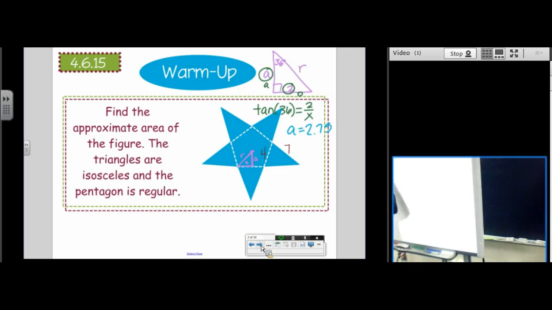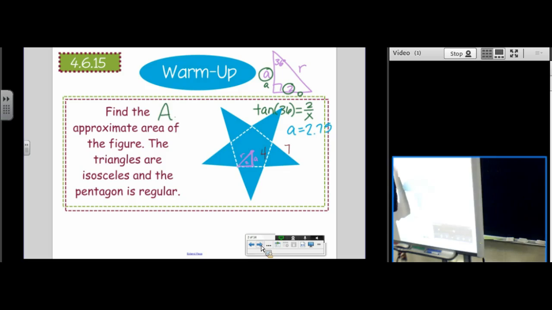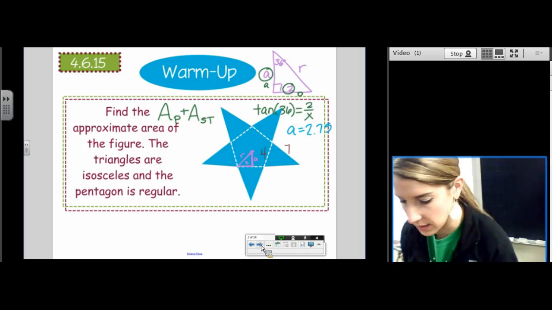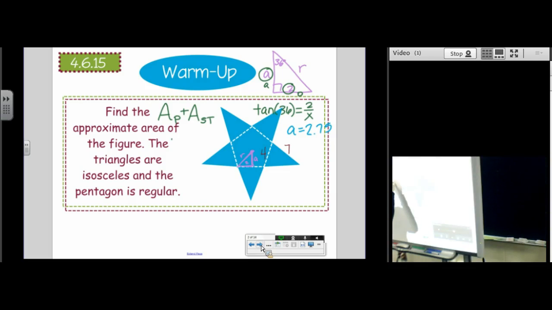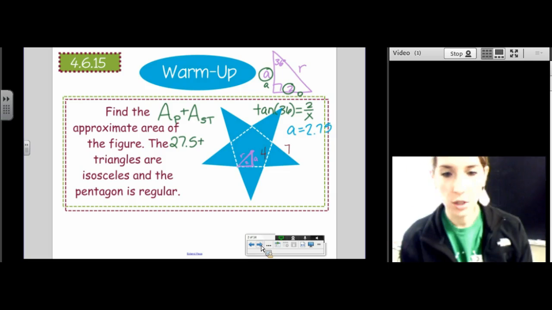So we're going to add the area of the pentagon plus the area of 5 triangles. 5t, I'll put 5t. So we already found the area of the pentagon. It's 27.527. We'll just do 27.5. So now we need to find the area of those triangles.